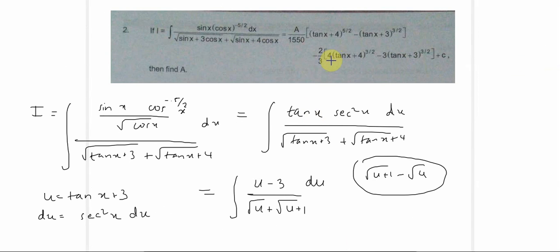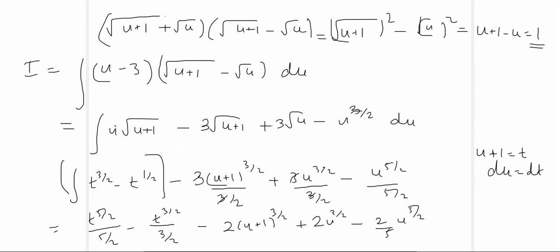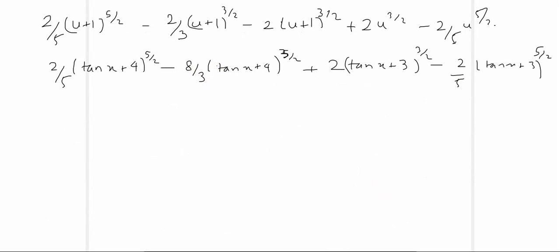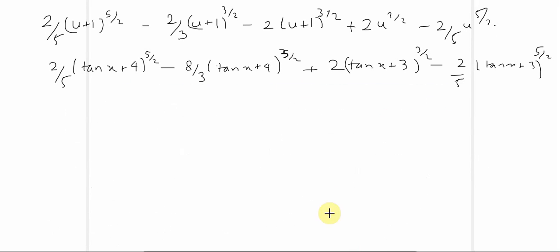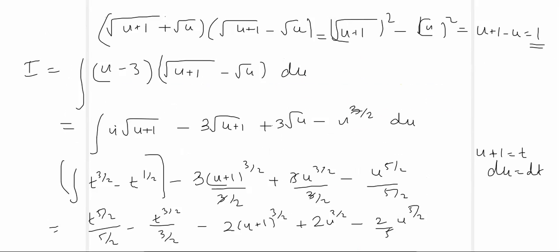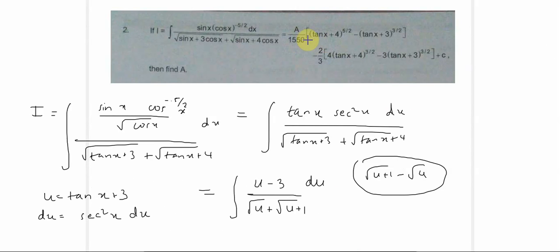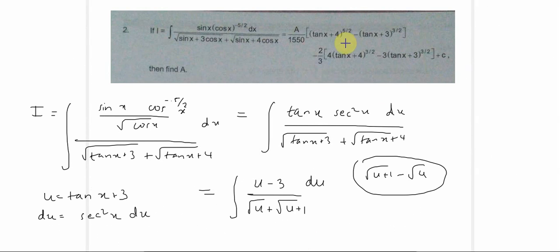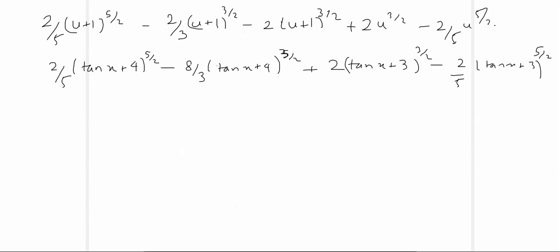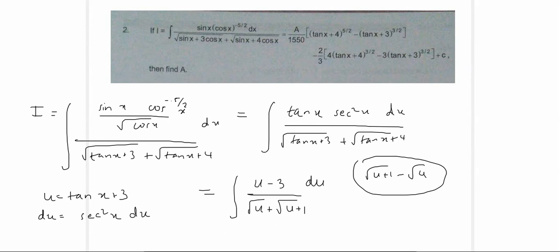Yeah, we got minus 8 by 3 here. This term is 2 times tan x plus 3 power 3 by 2. Okay, that also is good. Now the first two terms, the tan x plus 4 power 5 by 2 terms. Actually, I think there's a typo for this part. Yeah, I think there's a typo.